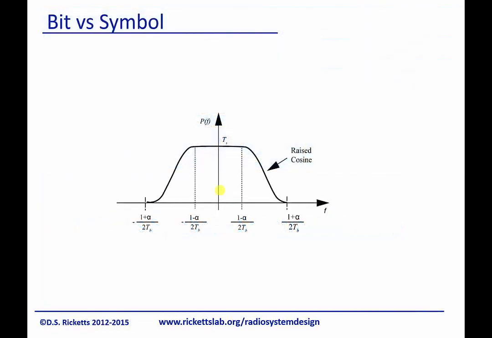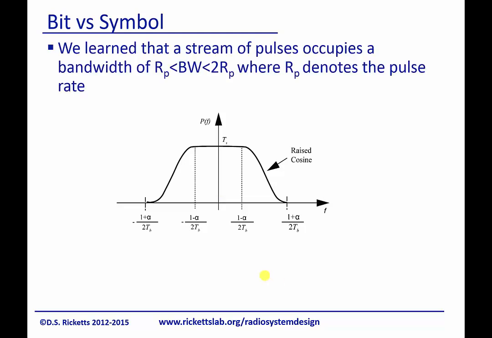All right, talking a little bit about bits versus symbols, we learned that a stream of pulses occupies a bandwidth of RP to 2RP, where RP denotes the pulse rate, and actually I'll say that RP relates to 1 over TP.